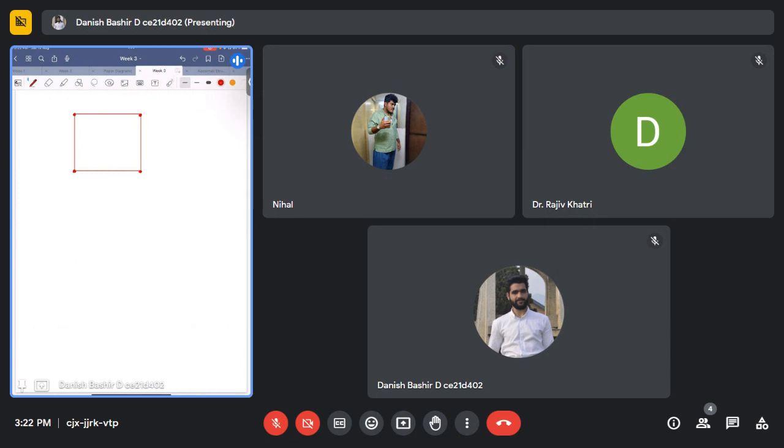The number of members M we can count: M is equal to four, and the number of joints J is equal to four. So let us calculate as per our equation. M equals 2J minus 3 is stable, but here 2J minus 3 equals 2 times 4 minus 3, which is 8 minus 3 equals 5.